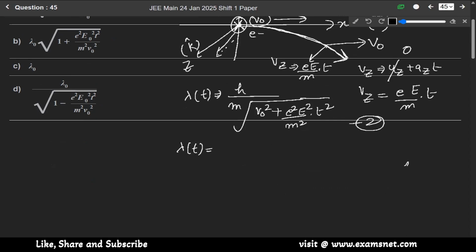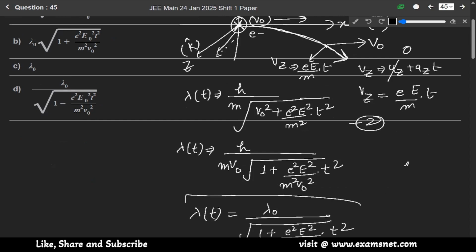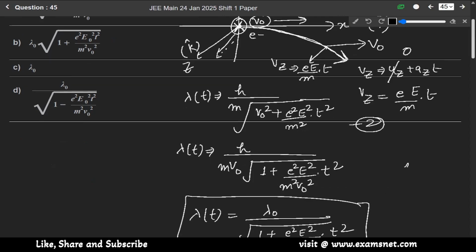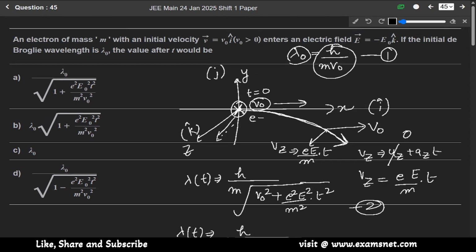So lambda T will be equal to h over m v naught under root of 1 plus e square m square v naught square into t square. This h over m v naught is nothing but lambda naught. So it will be lambda naught under root of 1 plus e square m square v naught square into t square, and this is our final answer. So the correct option is, I think, option number 1.